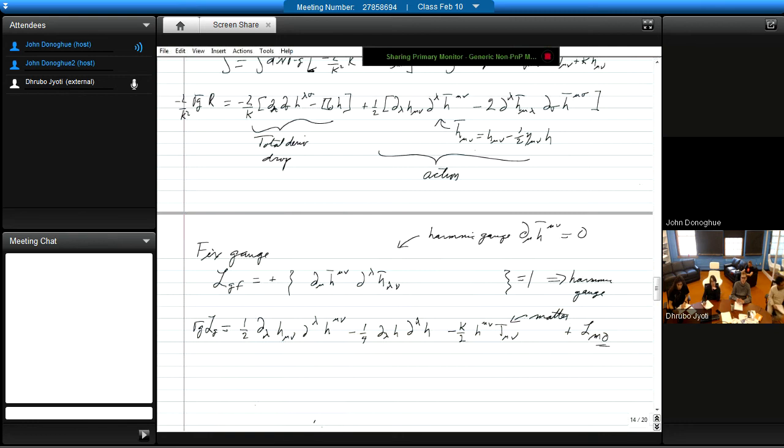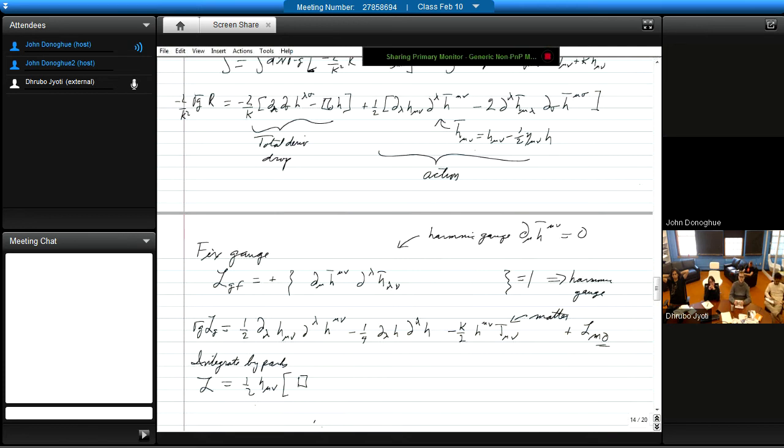Anyhow, what I'm going to do then is integrate this by parts. The Lagrangian starts off as 1/2 h mu nu. Then if I integrate that first one by parts, I make that box. The second one is also integrated by parts, gives box.